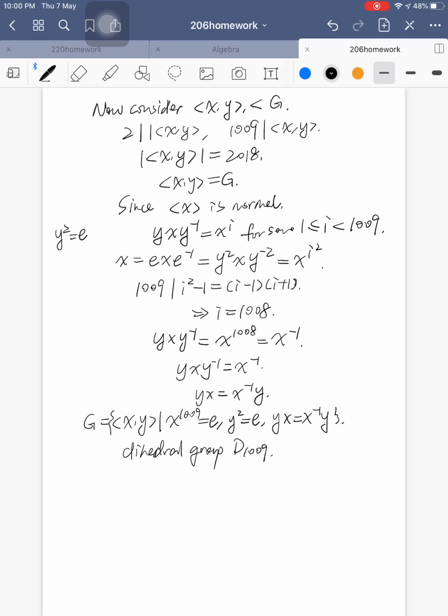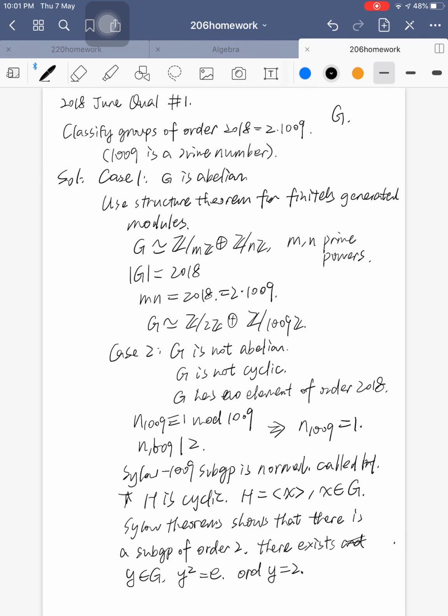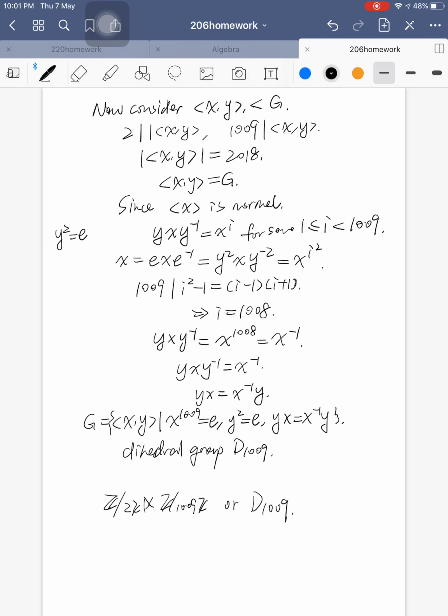So the group of order 2018 is either isomorphic to Z mod 2Z cross Z mod 1009Z, or the dihedral group of 1009. So one more remark is actually this result works for every group of order 2p, where p is a prime greater than 2. Yeah. And that's all.